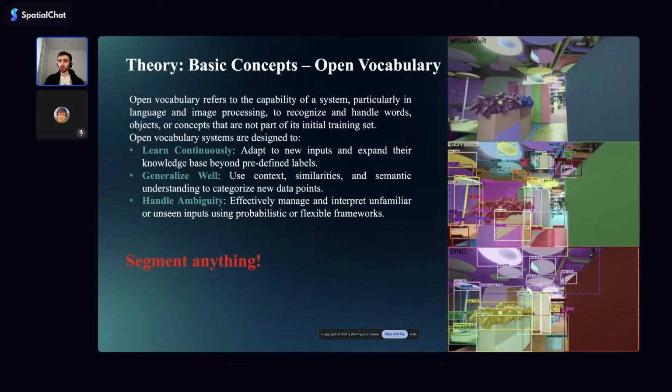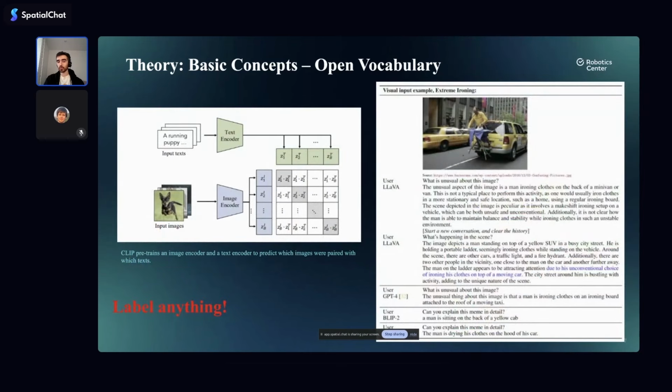These foundation models right now can produce a mask for an object and identify its borders, even without knowing what the object is. So right now we can segment anything we want, even without knowing the class of this object. But at the same time, foundation models gave us the opportunity to also label anything.